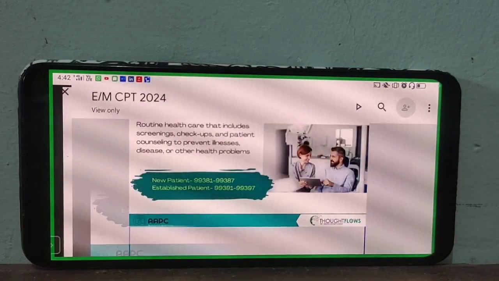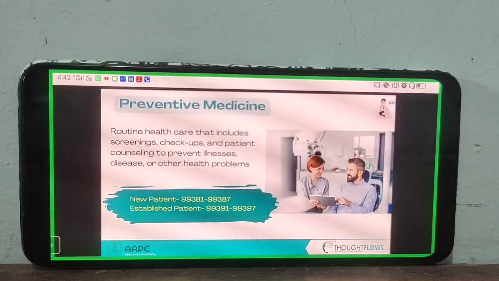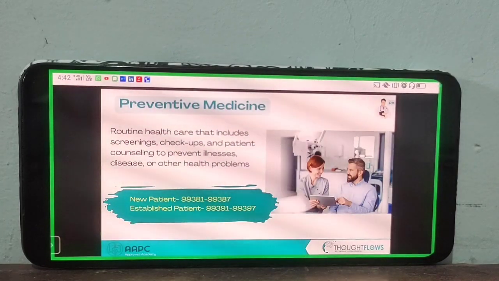Then preventive medicine. This is a very, very important question. Preventive means the doctor is providing a service to prevent a condition.